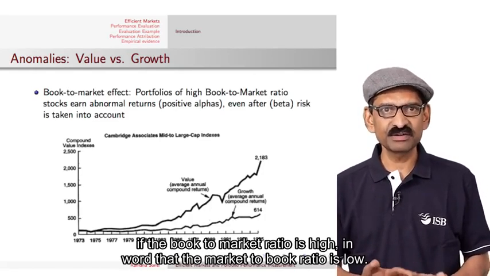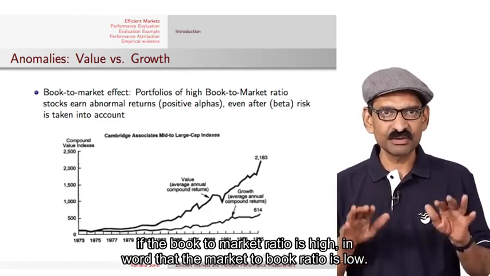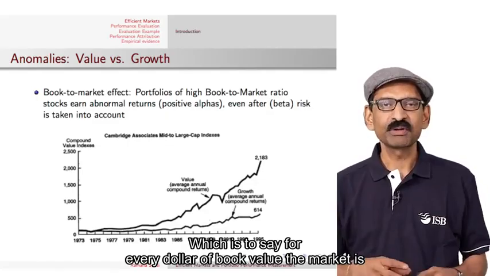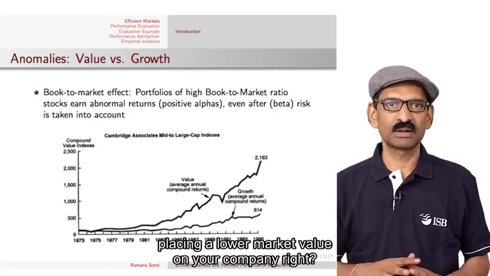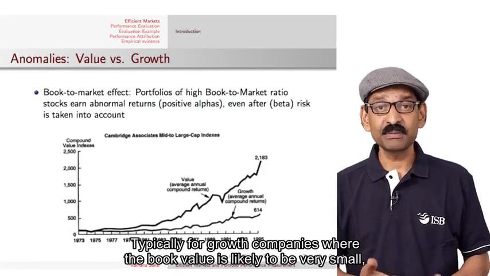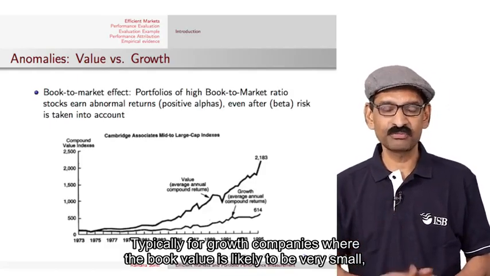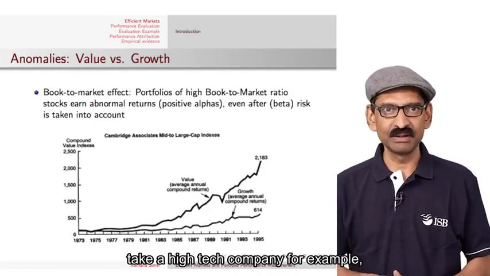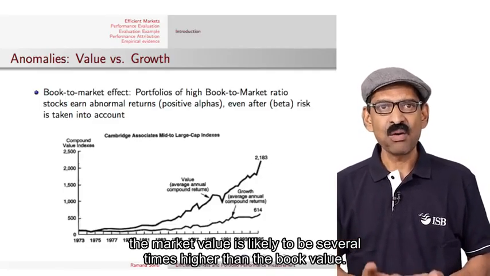If the book to market ratio is high, invert that, the market to book ratio is low, which is to say, for every dollar of book value, the market is placing a lower market value on your company. Typically for growth companies, where the book value is likely to be very small, take a high-tech company for example, the market value is likely to be several times higher than the book value.